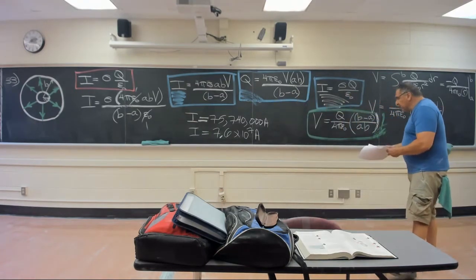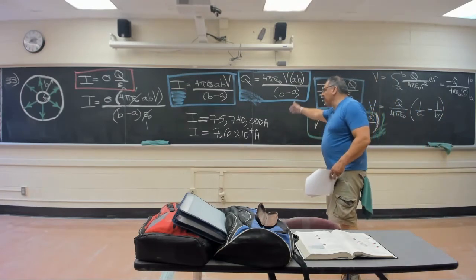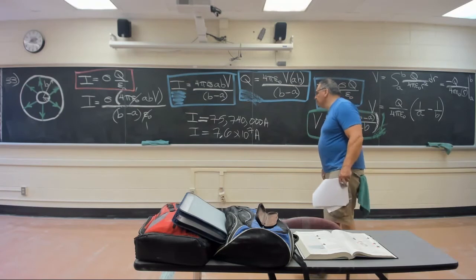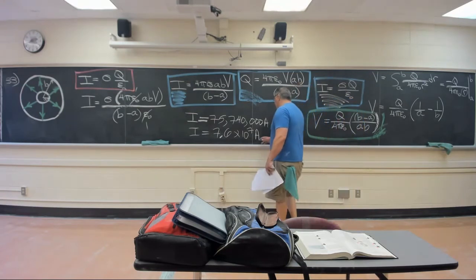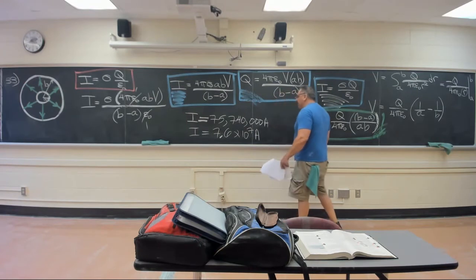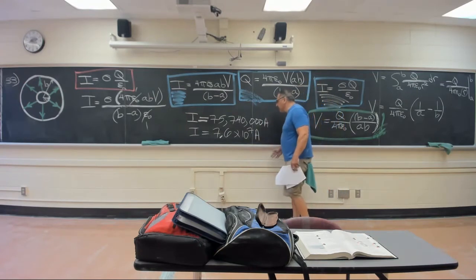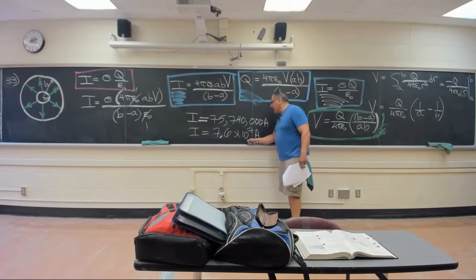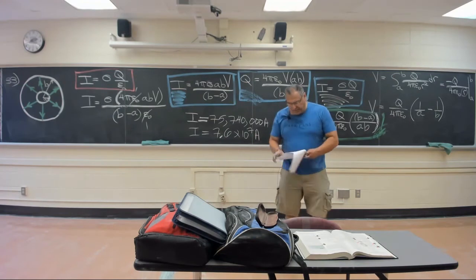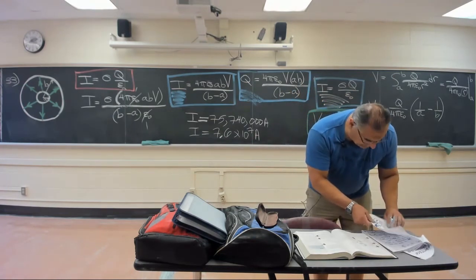So 7.6 times 10 to the 7th amps. Remarkable, yeah, which is 75 million, or at least on the order of the same magnitude here. This is more of an approximation. What we got was 75,740,000 amps. So, rather fascinating.